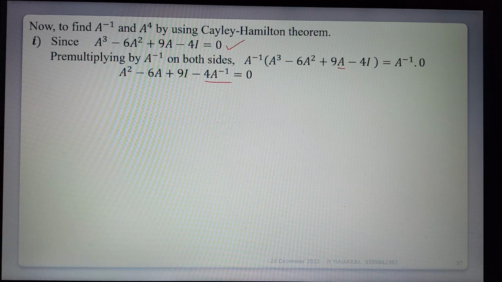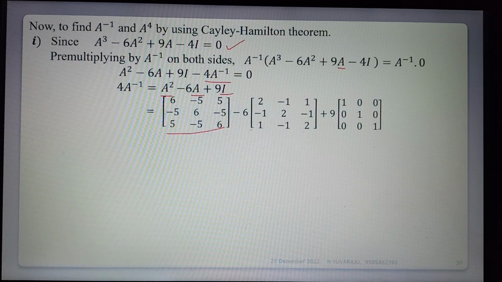So we want A inverse, the rest on the right side. That is 4 into A inverse is equal to A square minus 6A plus 9I. Now substituting the matrices A square, A, and the unit matrix, we get the A inverse matrix. So this is the A square matrix minus 6 into the A matrix plus 9 into the unit matrix.